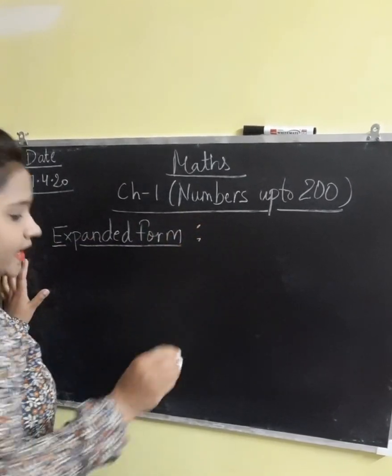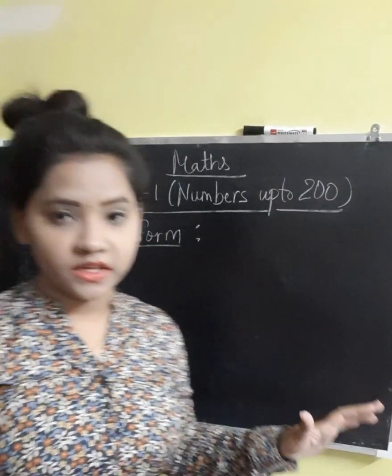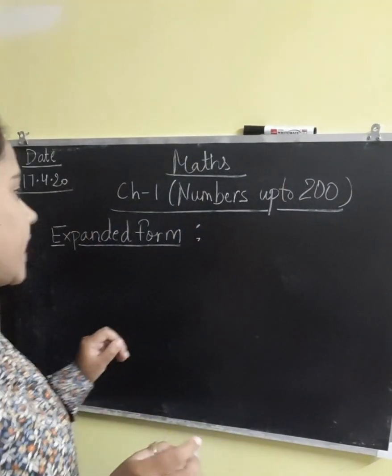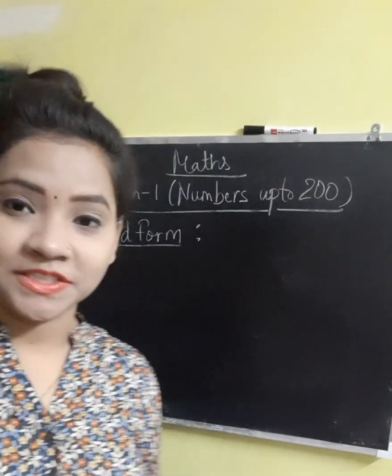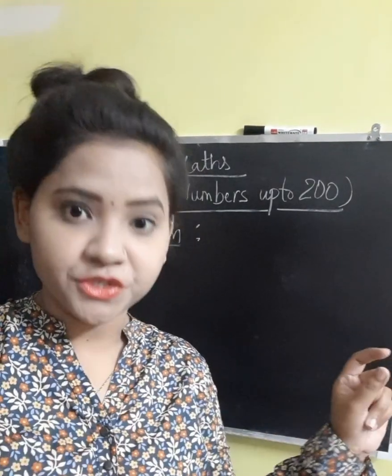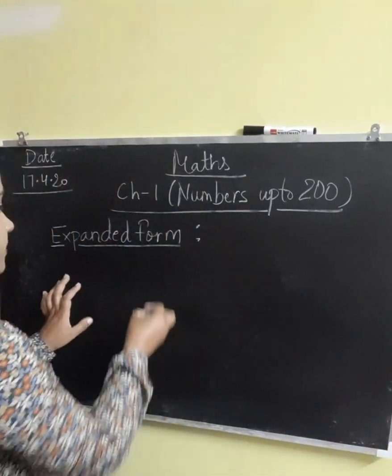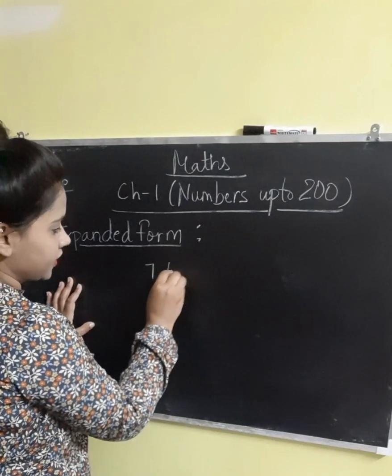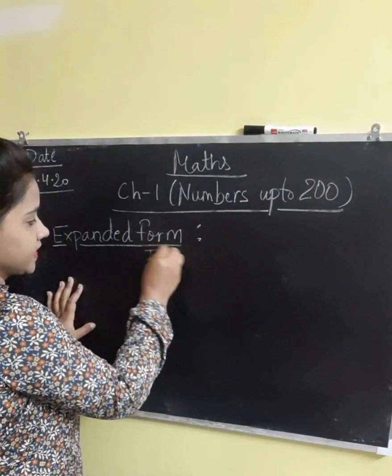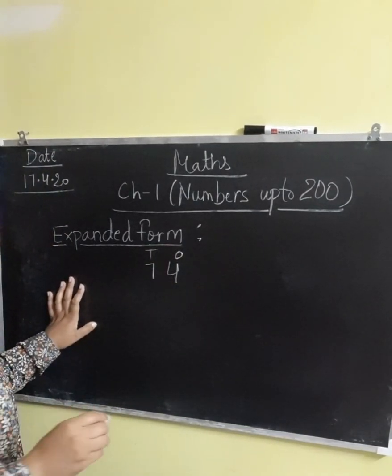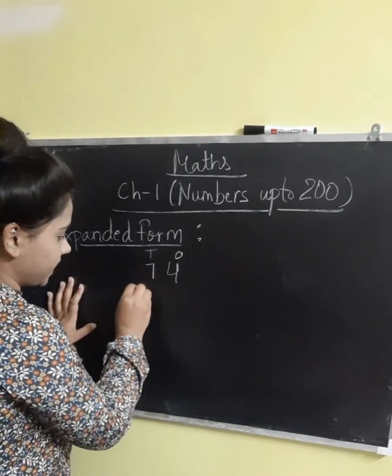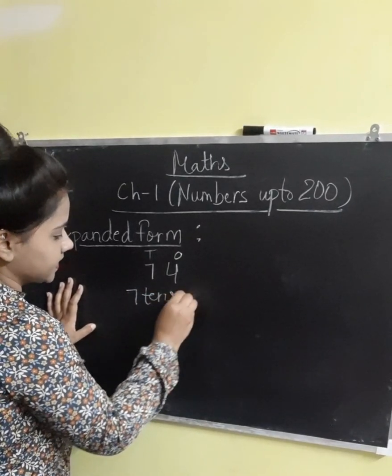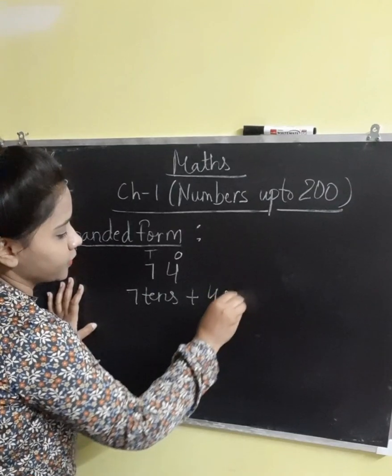So what exactly is expanded form? It is when you are writing a digit in an expansion form. Like if I am writing 74, which is tens and ones. Okay, just write down tens and ones. So it means 7 tens plus 4 ones.